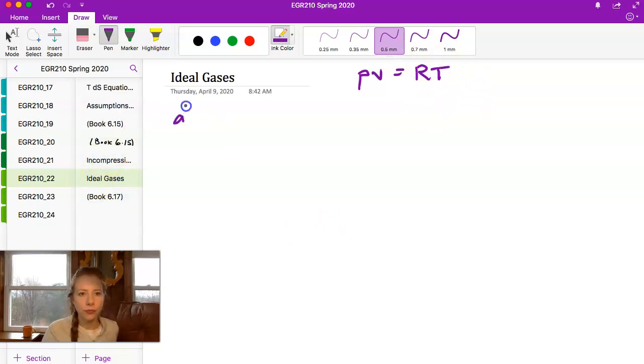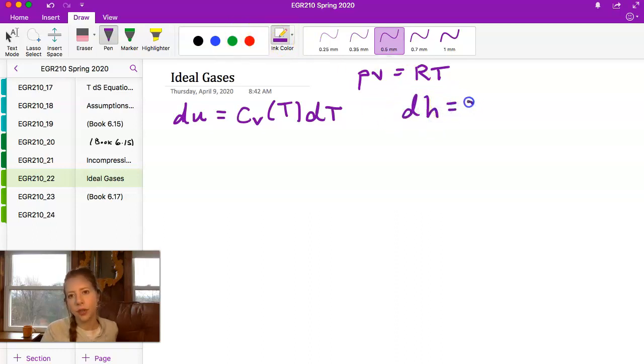So, change in specific internal energy can be modeled from CV, which is a function of T. So specific heat capacity for a constant volume process, dT, that gives us du. And dh can be modeled using Cp, so for a constant pressure process, as a function of T, dT.